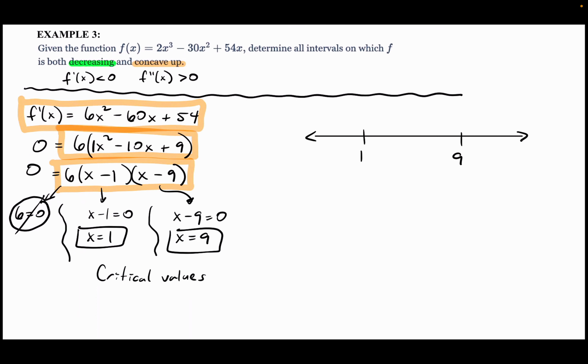So pick a number less than 1. Well, 6. When you're doing this part, I don't mind if you do mental math. I write it out because it's the notes, but to save time, you can just use mental math here. Because if you put zero, that's just going to cancel out the rest. You're going to end up with the constant. So that's positive.